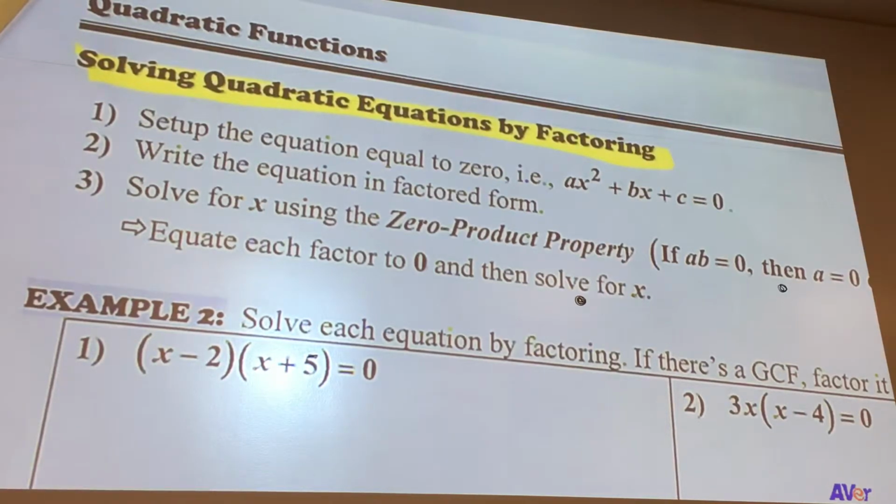Is that right? Okay. So if I say x minus 2 is equal to 0, what is x? What is x? 2. Because 2 minus 2 is 0. Alright? If I say x plus 5 is 0, what is my x? Negative 5. Very good. Now, I'd like you to please take note of that.